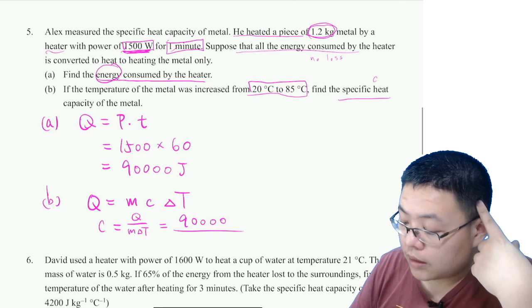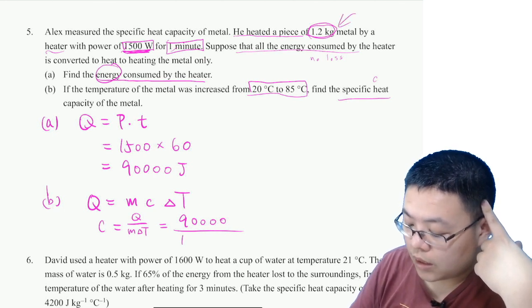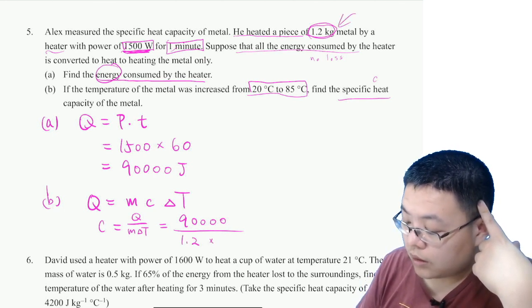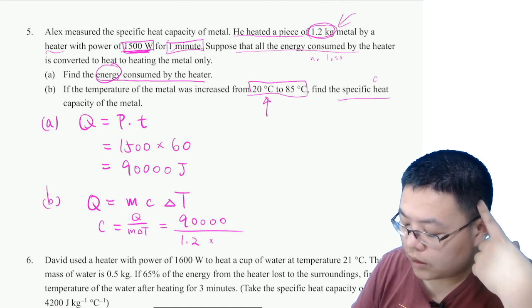Mass is here 1.2 kg. Delta T is from 20 to 85, so actually 65.